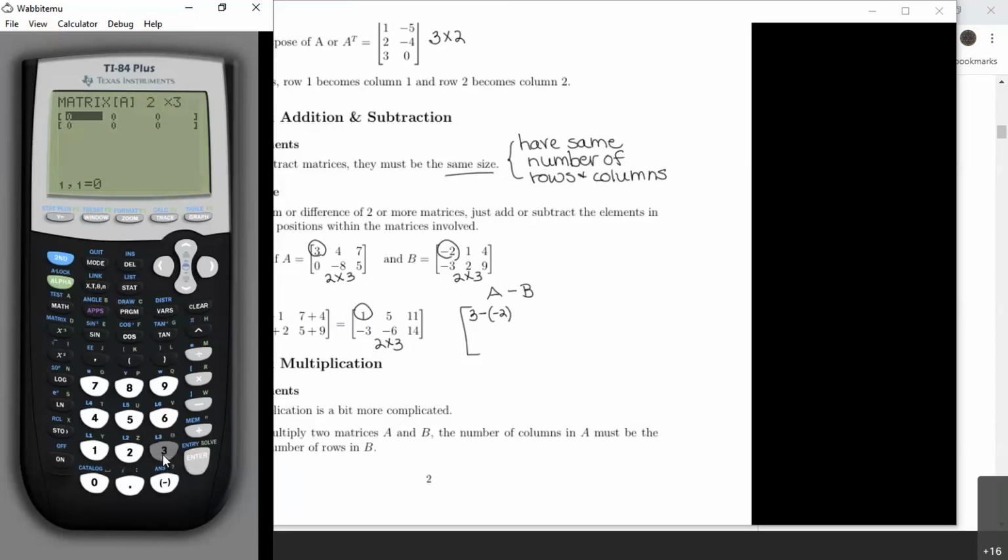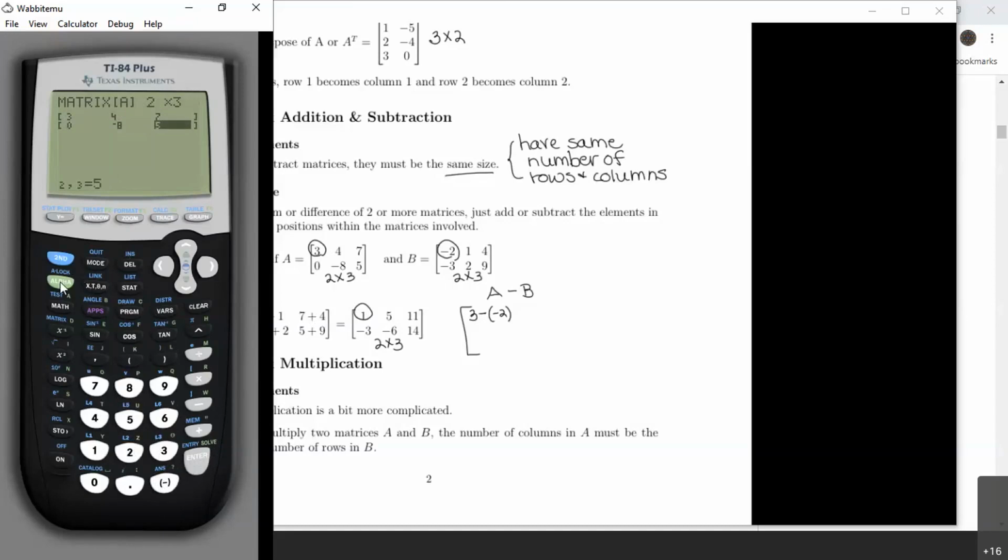So I'm going to type in 3, then 4, then 7, and you can see I'm in the second row now, 0, -8. Remember, negative numbers, you're going to use this leading negative sign down here, not minus. Minus takes 2 operands, leading negative only 1. And then a 5. All right, so there's my first matrix.